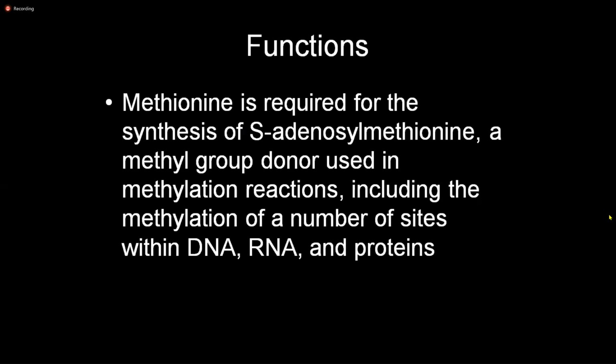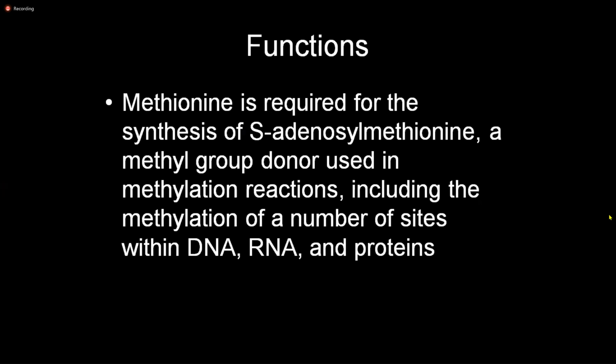S-adenosyl methionine is a methyl group donor used in methylation reactions for DNA, RNA, and protein. So for protein synthesis, DNA synthesis, and RNA synthesis, methionine is required. That's why we need methionine.